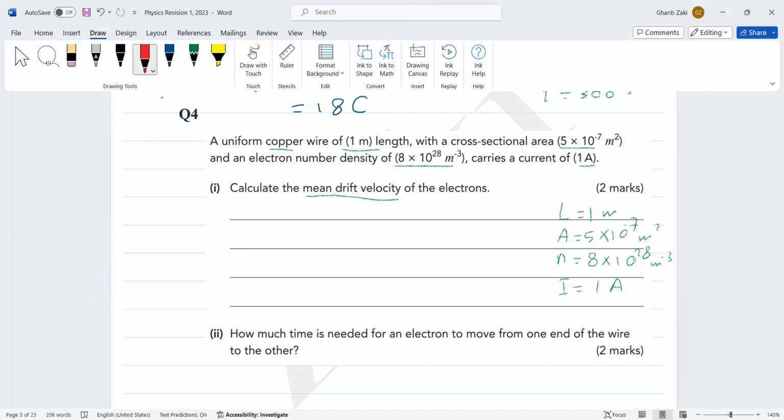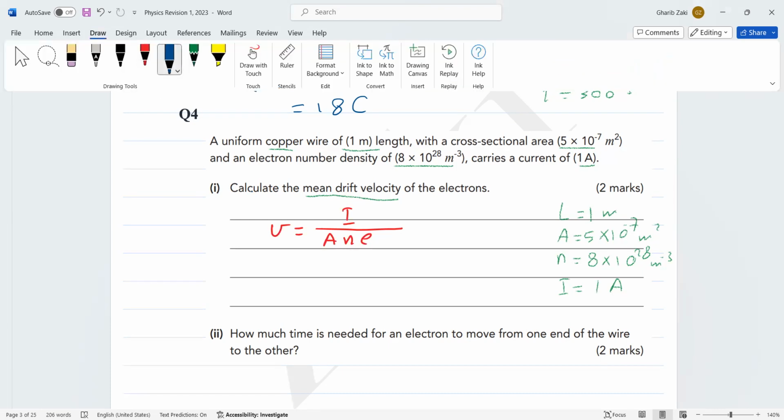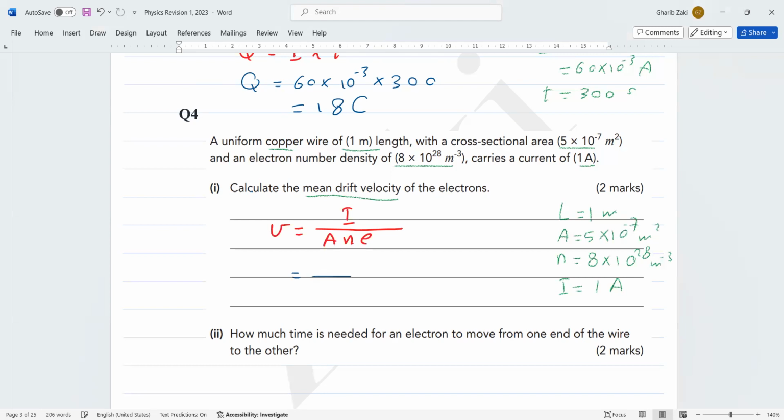So the drift velocity V equals I over ANE. The order is not important. You can say NAE, no problem. Now, we do substitution. The current is 1. The cross-section area is 5 multiplied by 10 power negative 7.